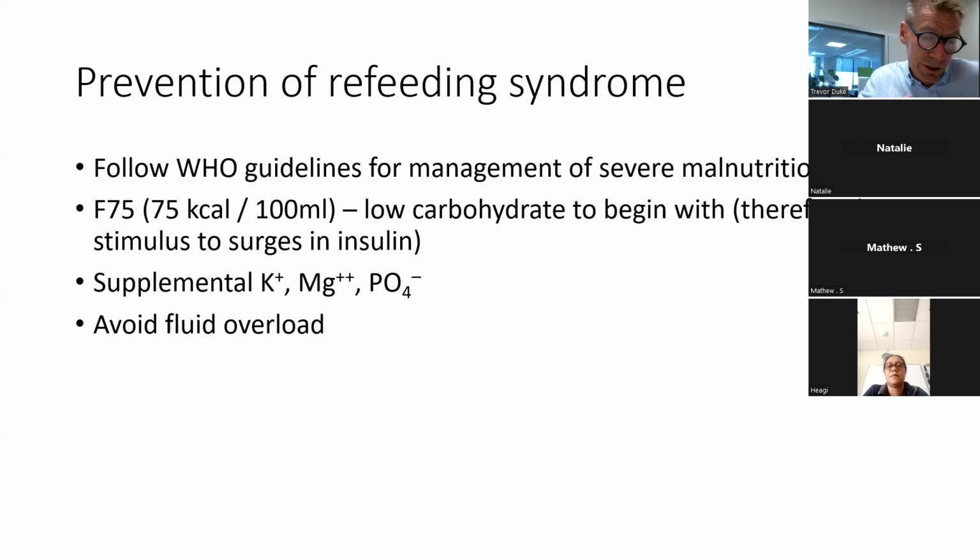So I guess what I've tried to explain today is a bit of background on refeeding syndrome, and it helps us understand, I think, why we do follow the process of management of severe malnutrition like we do.